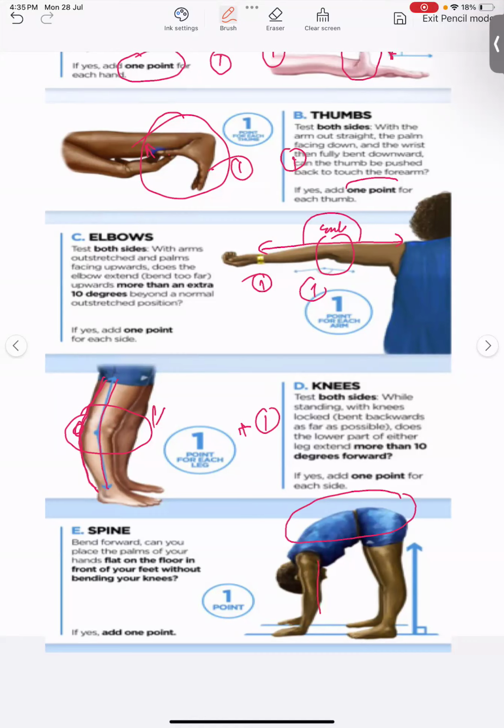Put your palms straight to the floor by keeping your legs straight. If the patient can keep his legs straight and put both palms on the floor, this is a positive Beighton score, and for this you will give 1 point.